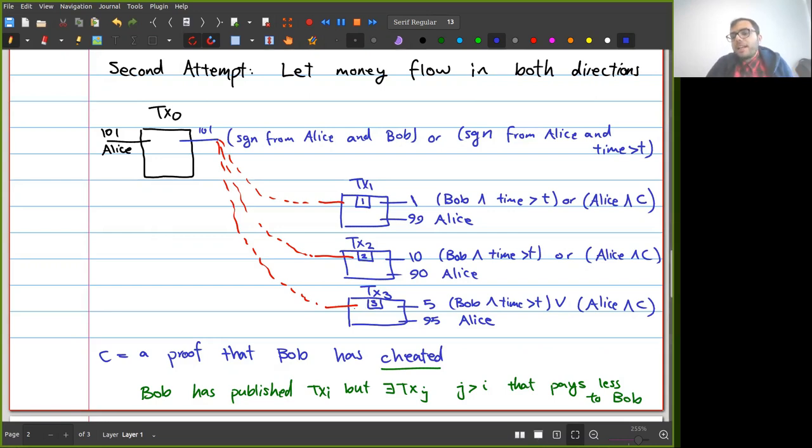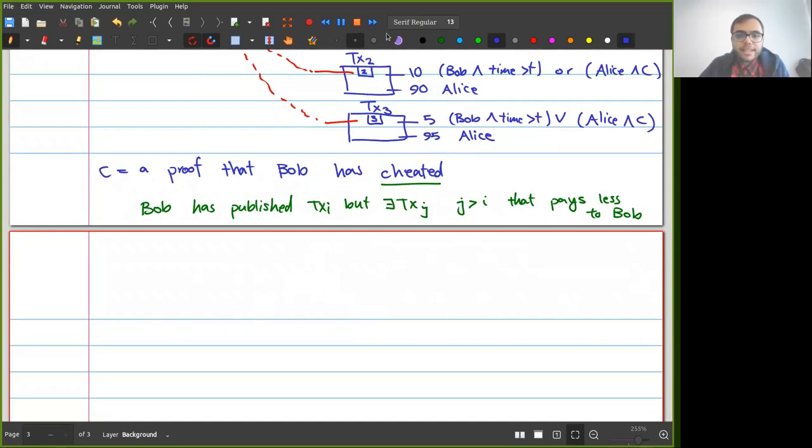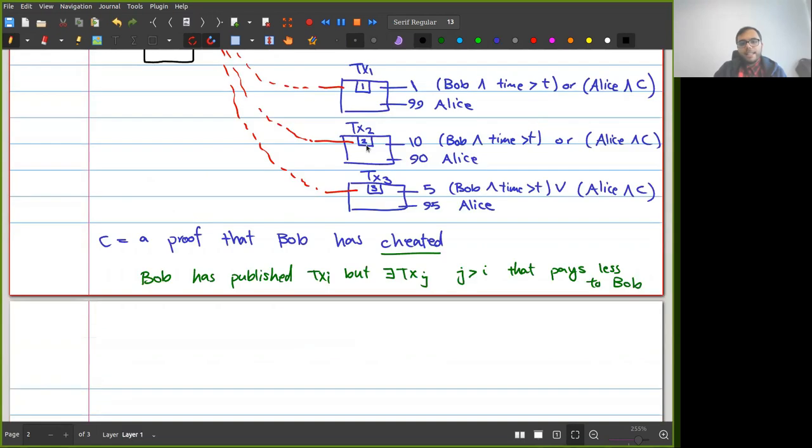Instead of a number, I can have a timestamp. I just want a way of saying when this transaction happened, and whether it happened before or after another one. So here's the thing. Alice can ask Bob to give a signature on the index or the timestamp of every transaction.